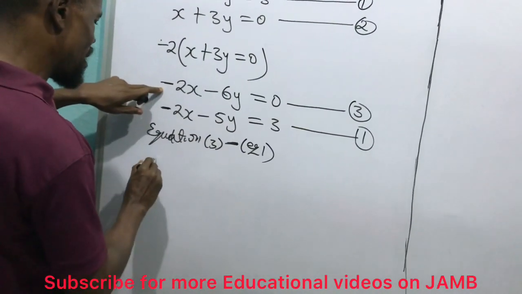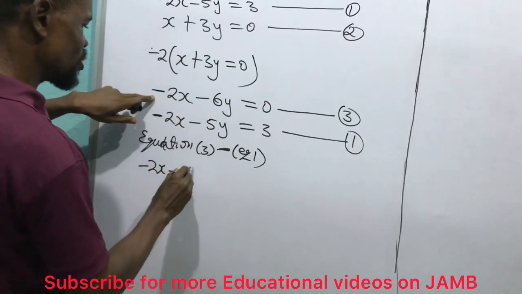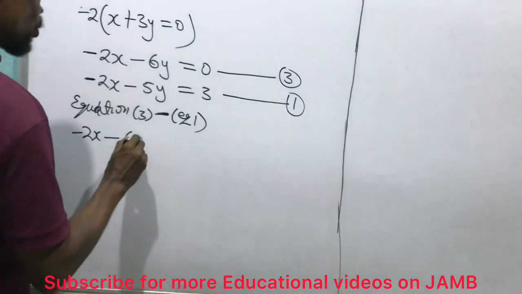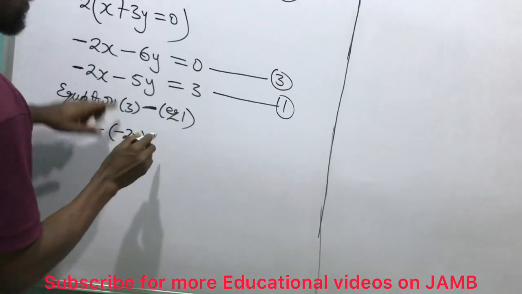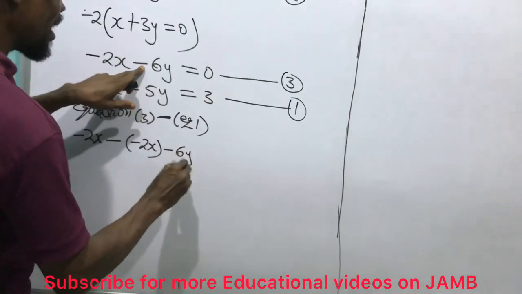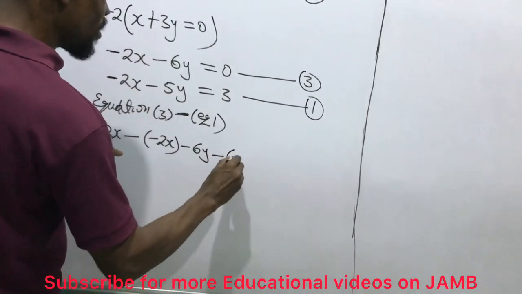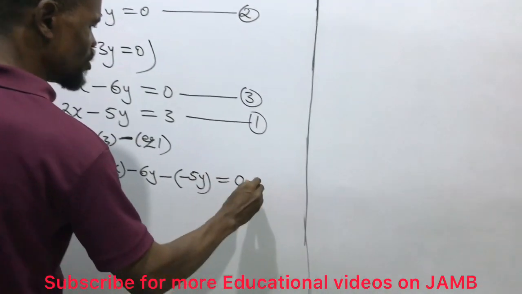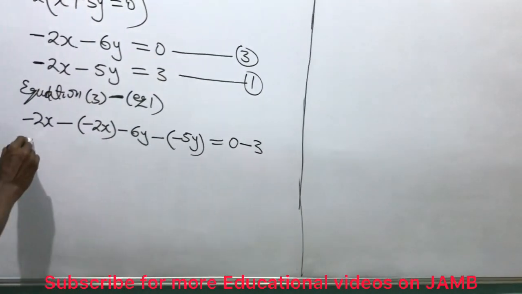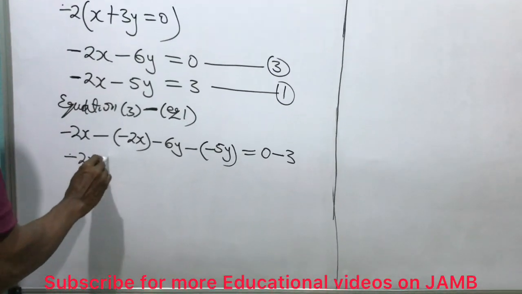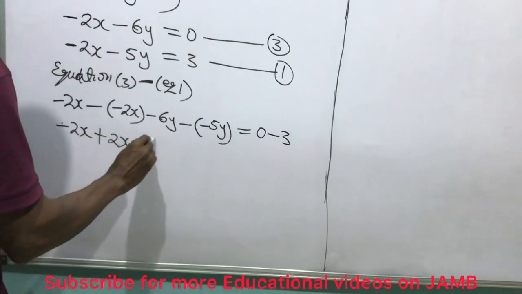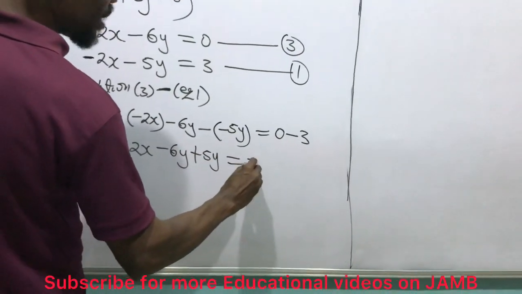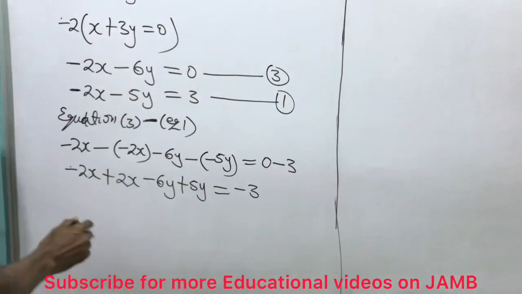Equation 3 is minus 2x minus minus 2x, then I'll have minus 6y, then minus minus 5y, equals to 0 minus 3. Then opening, I will have minus 2x plus 2x minus 6y plus 5y equals to minus 3, because 0 minus 3 will give me minus 3.